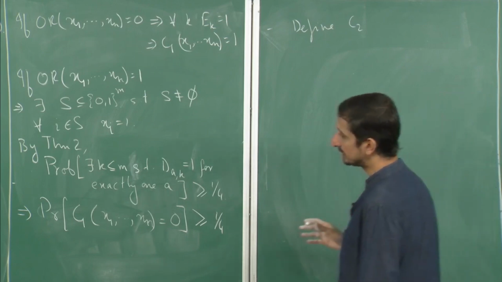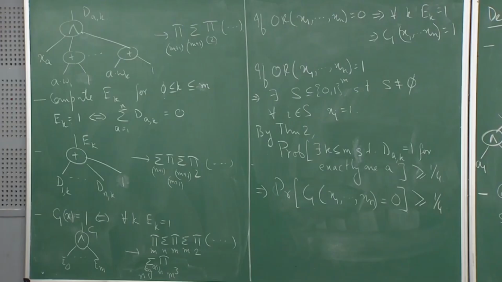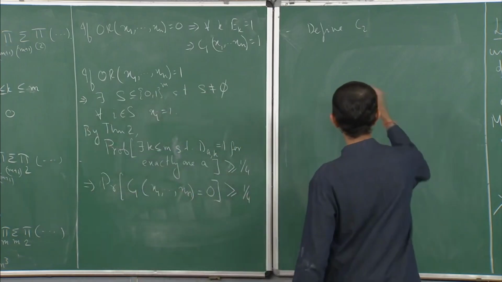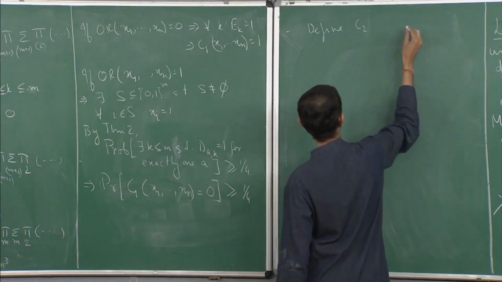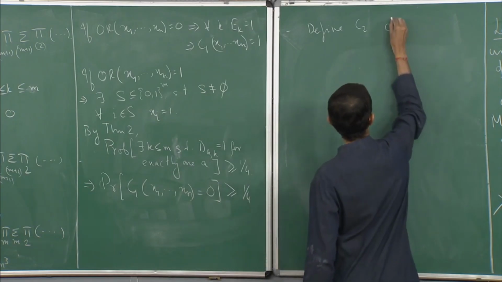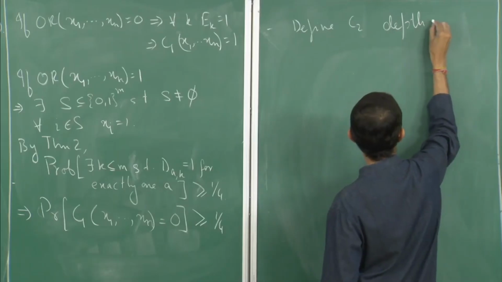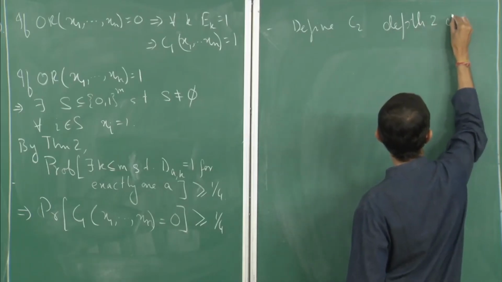One more point is that the circuit C1 that we currently have has depth 5. But as I said, using the earlier observation, I can bring it down to depth 2. So, I will define C2 to be a depth 2 circuit.